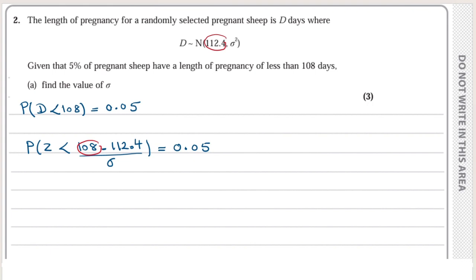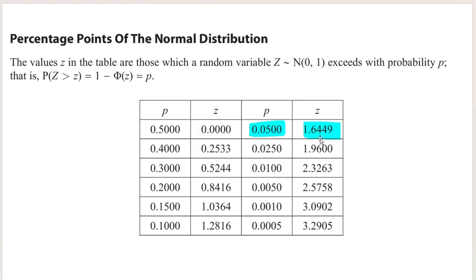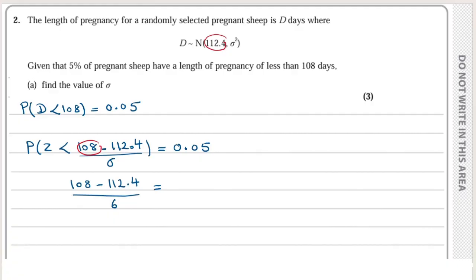So that means that (108 minus 112.4) over sigma, instead of the Z value 1.6449, we'll write the negative of that, which is minus 1.6449, and from here we calculate sigma to be 2.67 to 3 significant figures.